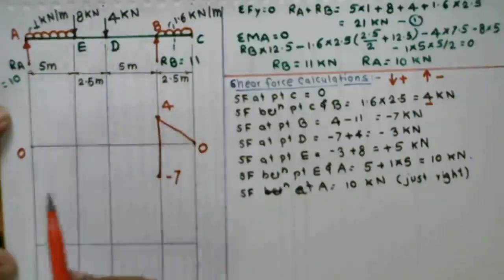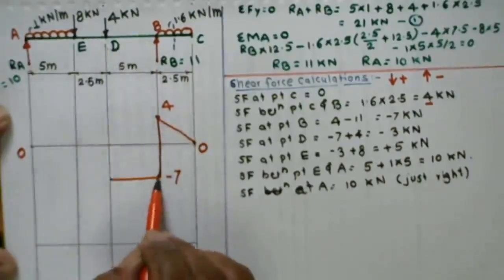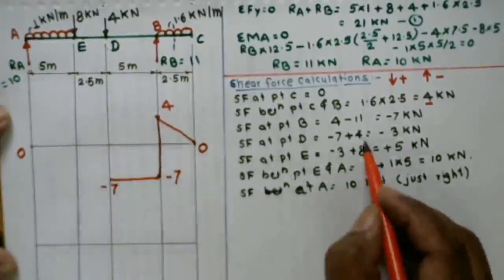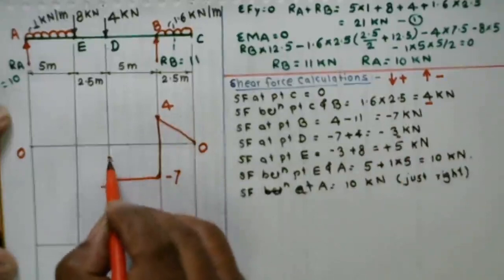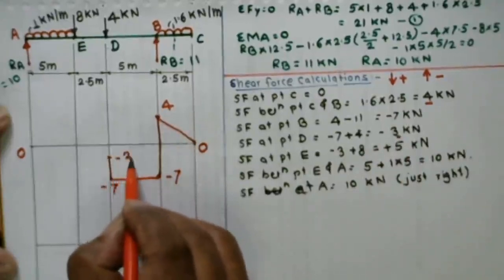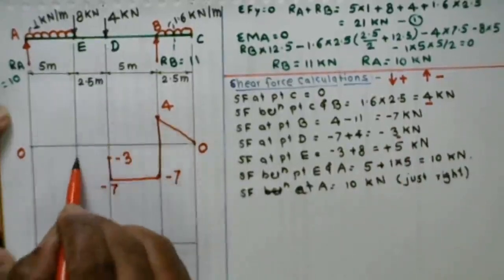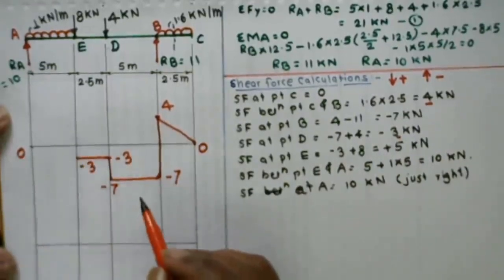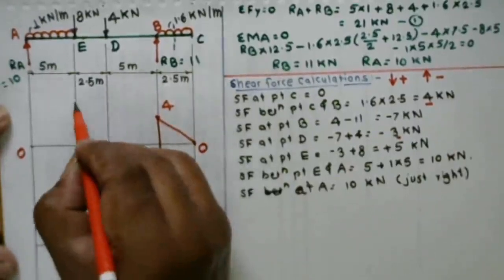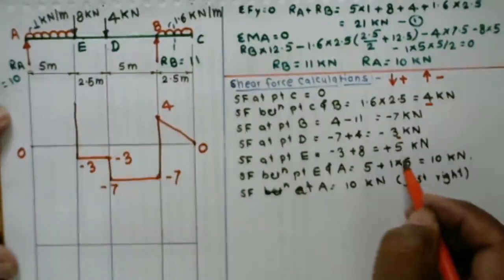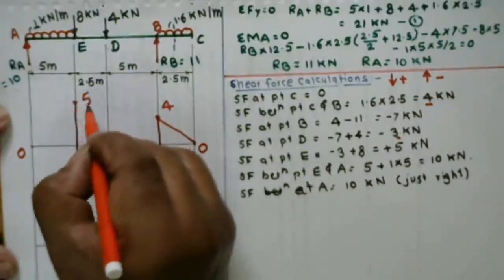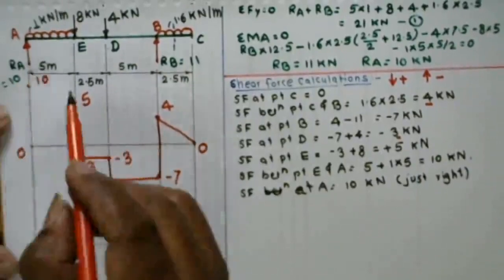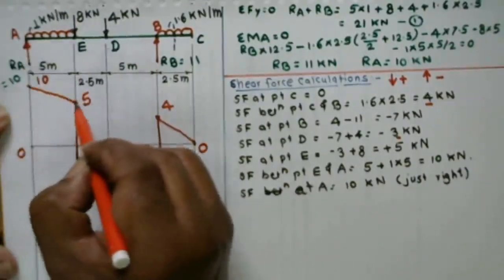Between the points B and D there is no load, so a horizontal, or straight, line, minus 7 at point D, which is minus 3. Between the points D and E there is no load, so again a horizontal line, minus 3. Again it is added, so at point E it becomes 5 kilonewton, and lastly it is 10 at point A. There is a UDL, so we have to join by an inclined line.